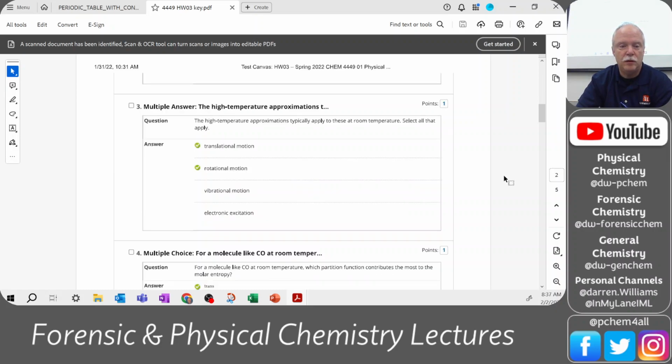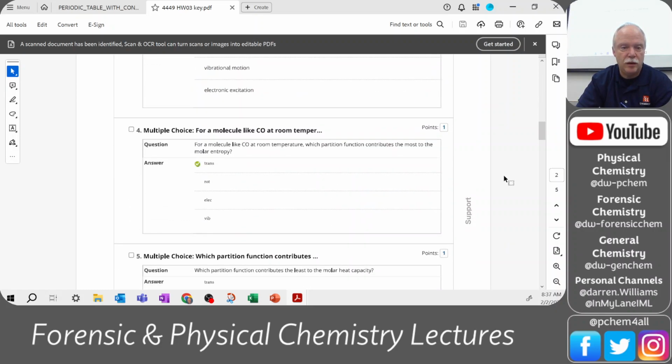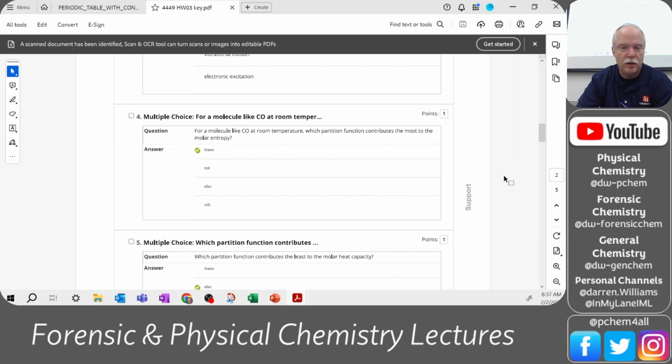I have a question about number 4, where it was saying for a small molecule, which partition function contributes most to entropy. And it was translation. I didn't understand. Is it kind of like the energy spacing, in terms of translation, rotation, partition? Yeah. So the entropy is related to that partition function, and if it's bigger, then the entropy is bigger. The partition function is a count of the energy levels that are populated.